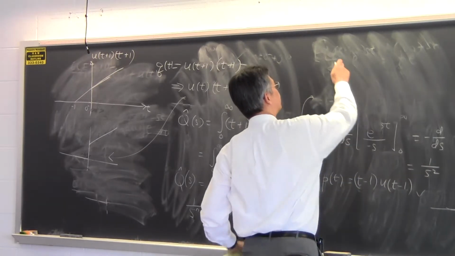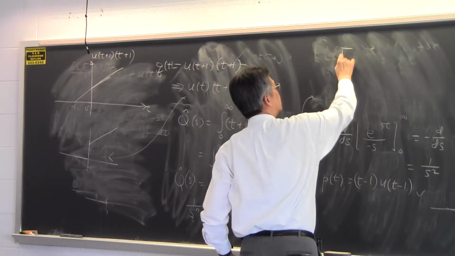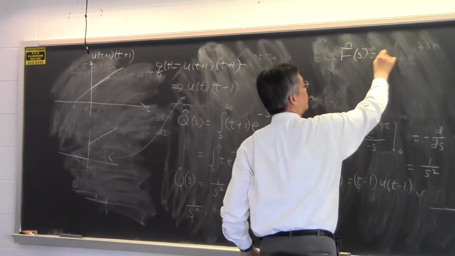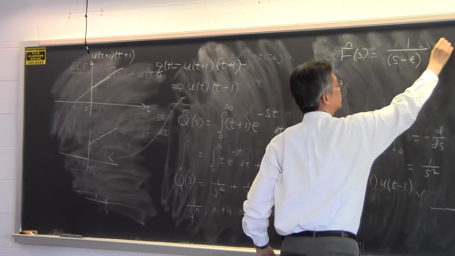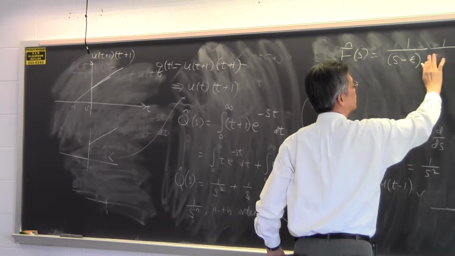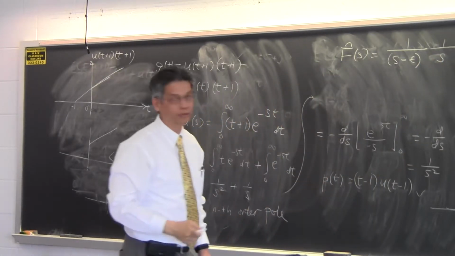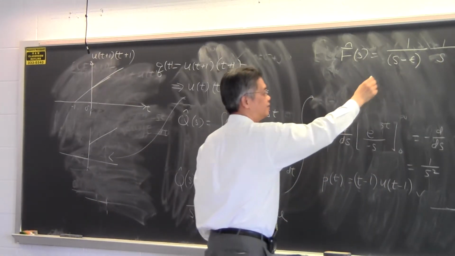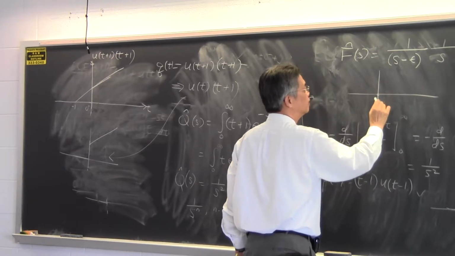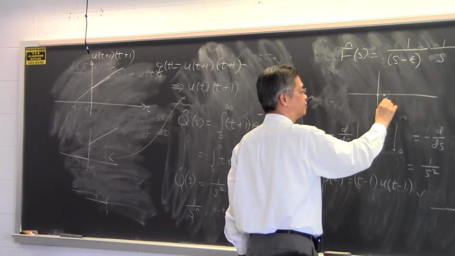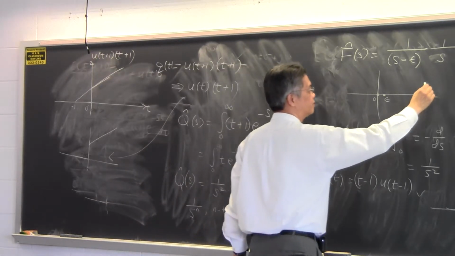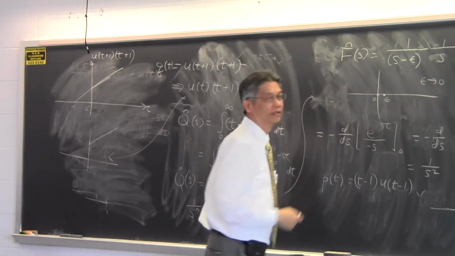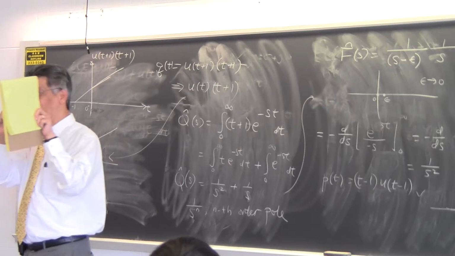Okay, so if I have a function of s that looks something like this, then this function has two poles. One at s is equal to 0, and one at s is equal to epsilon. Okay? And as I make epsilon go to 0, then the two poles coalesce.